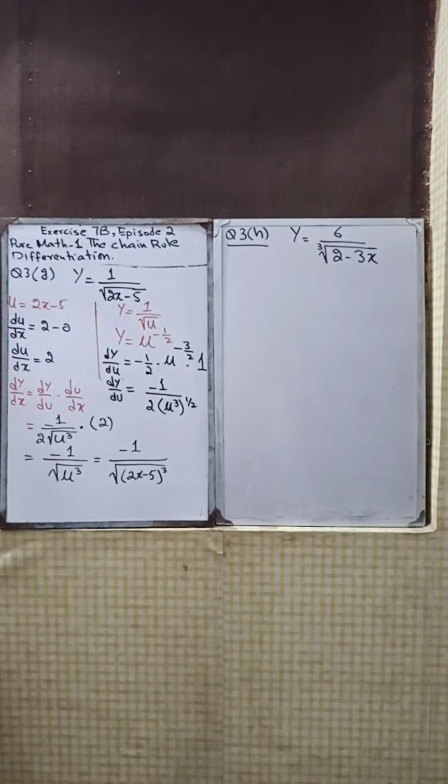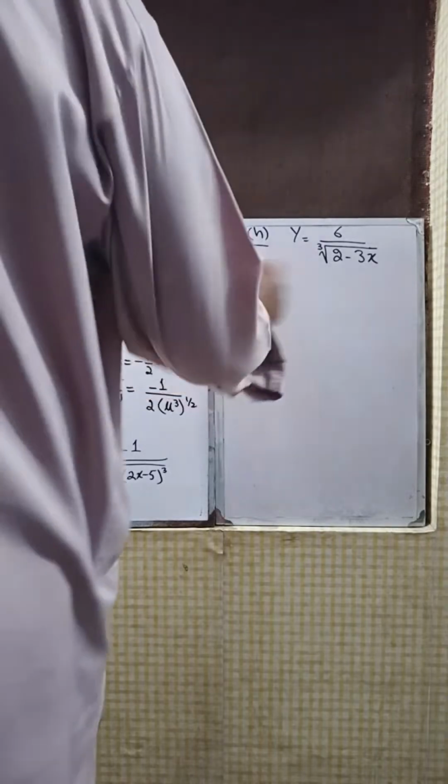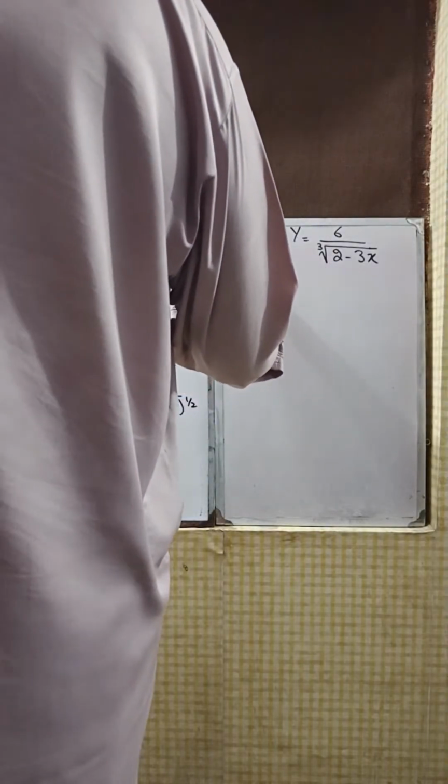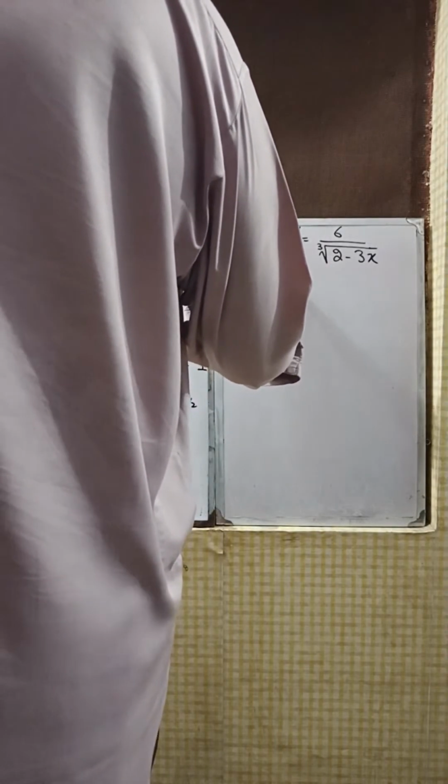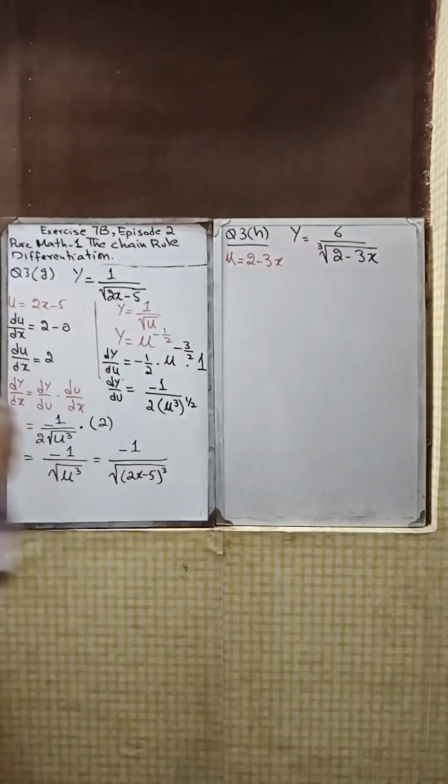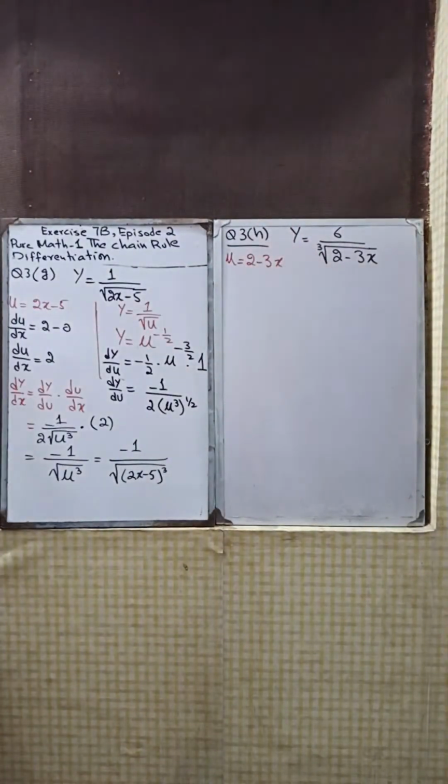So very simple. In all these questions, the procedure is the same. That's why we are doing all the questions, so all my students will be able to understand it and grasp the whole concept. Let me suppose that u is equal to 2 minus 3x.